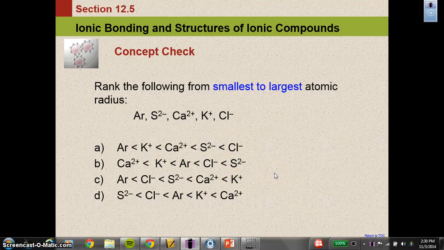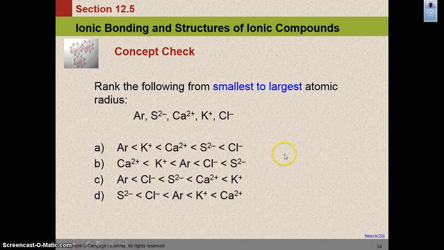The next concept check says to rank the following from smallest to largest atomic radius. These are all an isoelectronic series, so they have the same number of electrons. So what we have to look at is the nuclear charge.